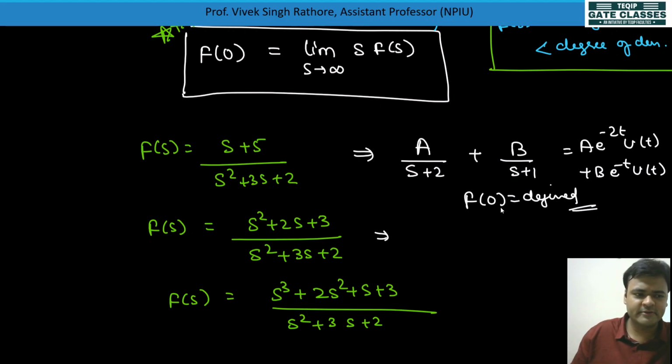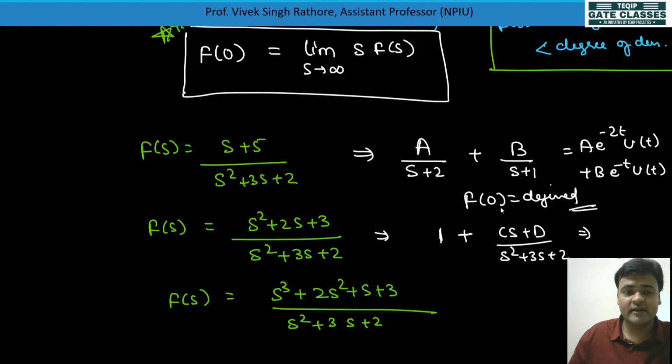But for this expression, the degree of numerator is equal to the degree of denominator. So we'll get some constant term plus (cs plus d) by (s square plus 3s plus 2), let's suppose. If you take its inverse Laplace transform, in the time domain you'll get delta t plus some value a1 e to the power minus 3t u of t plus b1 e to the power minus t u of t.